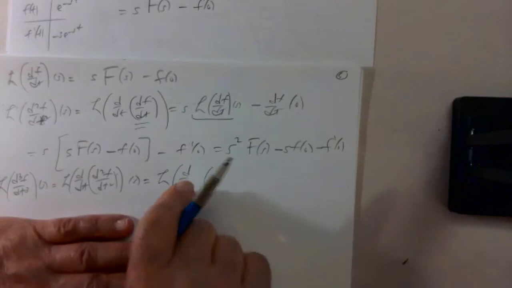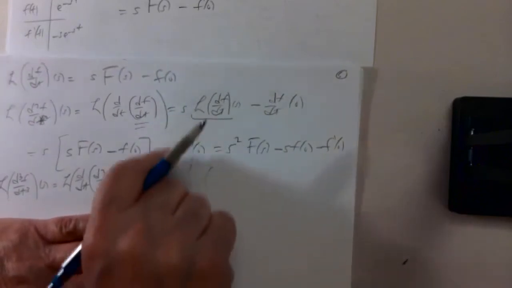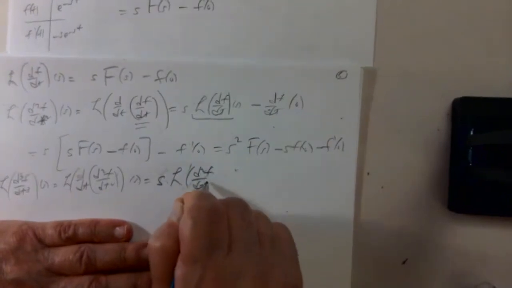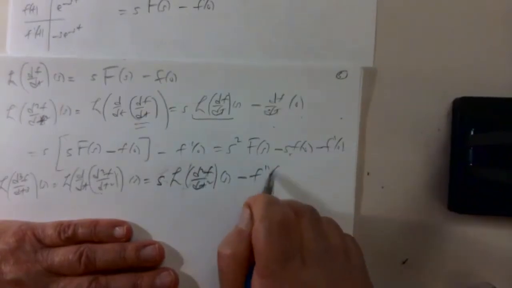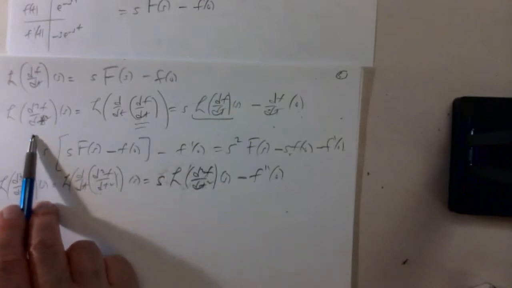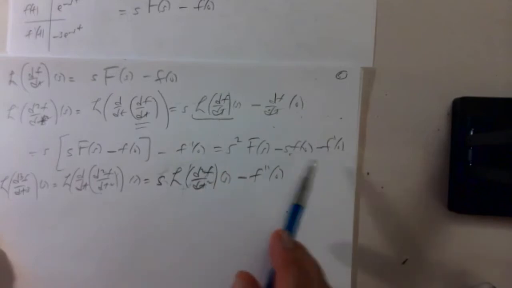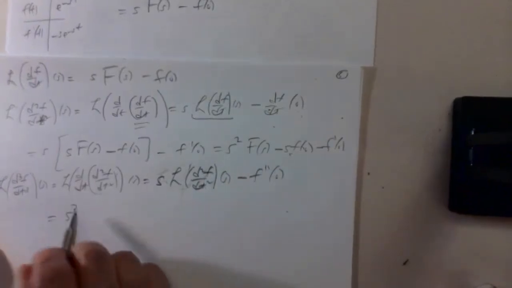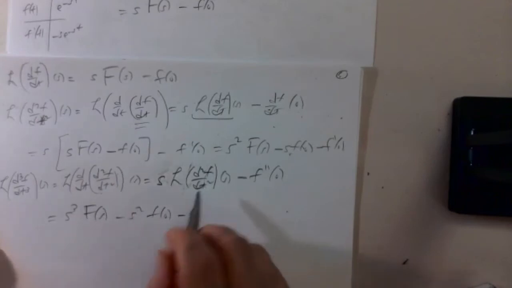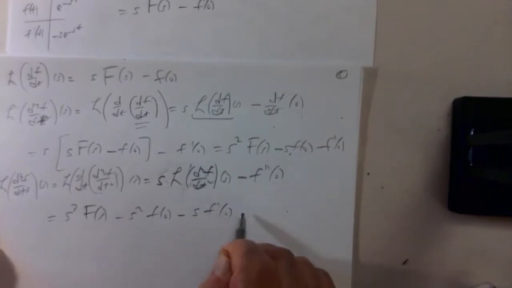So this is s times the Laplace transform of the second derivative minus the second derivative evaluated at 0. And the Laplace transform of the second derivative is this. If you multiply this by s, you get s cubed F of s minus s squared f of 0 minus s f prime of 0 minus f double prime of 0.